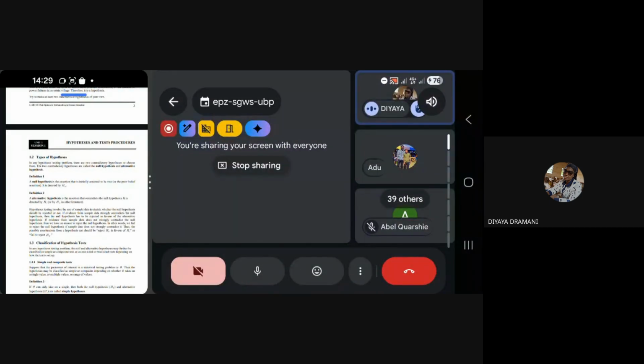An example of a null hypothesis can be that there is no difference in exam scores between students who study and those who do not study.